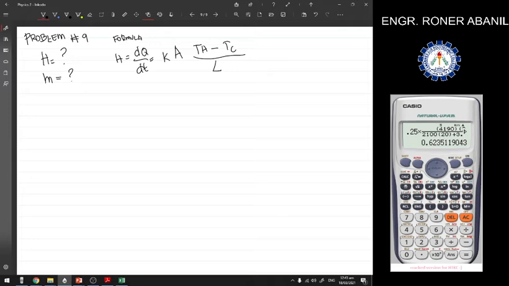Yung formula ng Q is equal to plus or minus mL. Naku, nakalimutan ko si mL. Q equals plus or minus mL kasi nag-phase change siya. Parang ice na melt. Eh, huwag nyo kakalimutan yan.